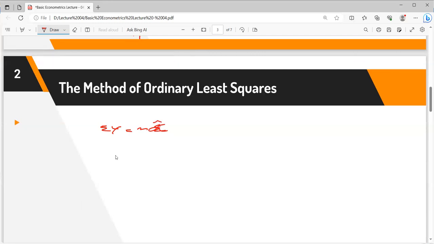This is the normal equation number one, as we derived by the minimizing rule.